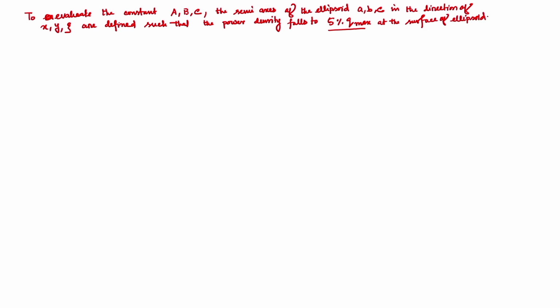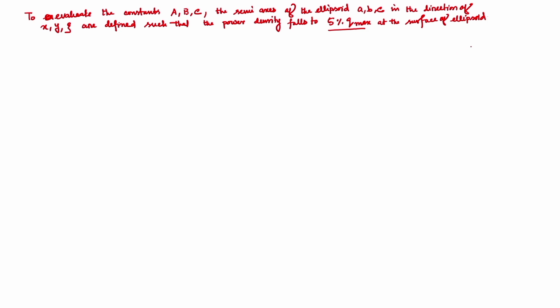This is a very important thing, because this is how a, b, c are defined, and it is also used, based on this condition, for the constant terms capital A, B, C.